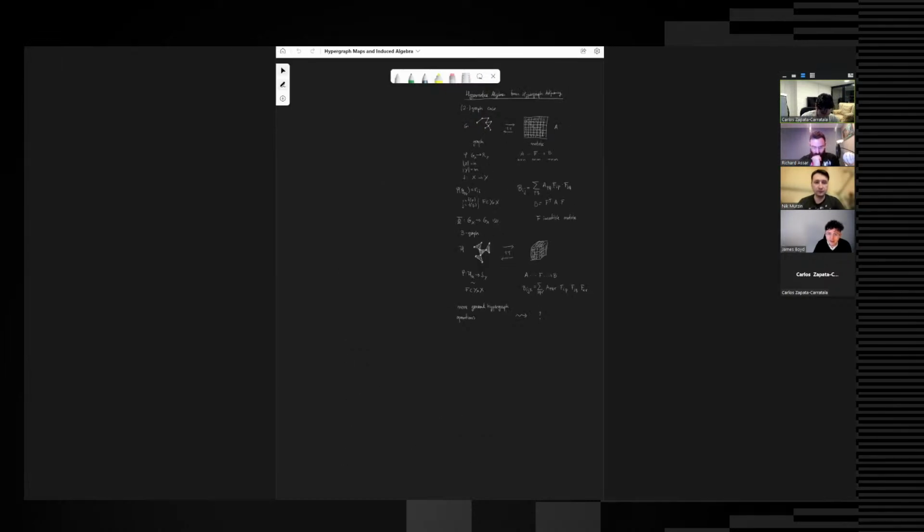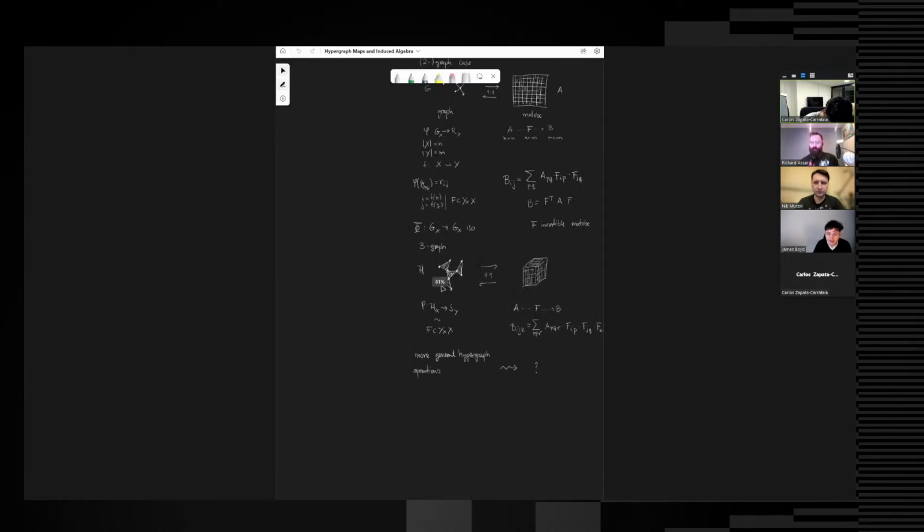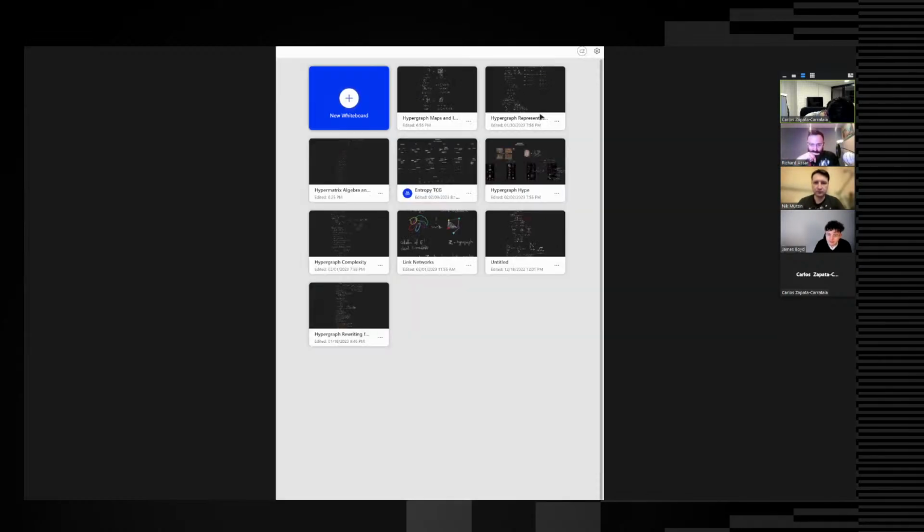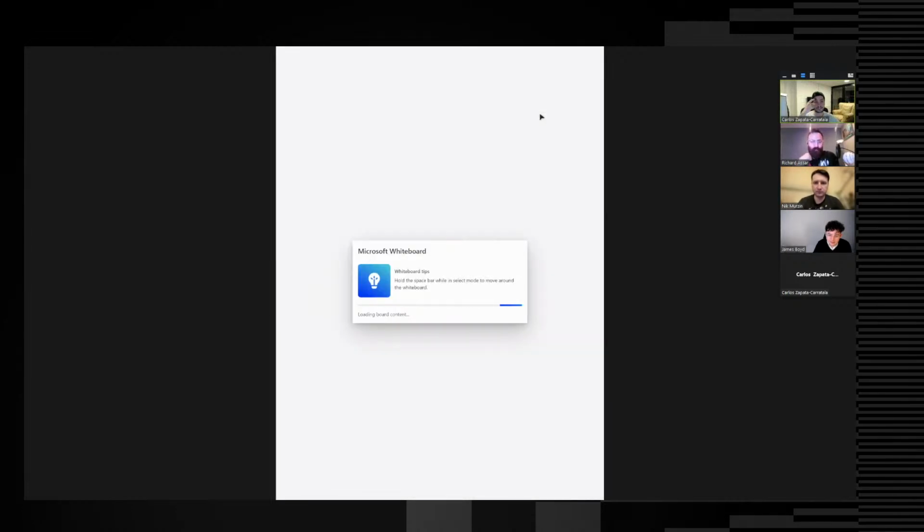Hypermatrix algebra from hypergraph adjacency. Wait, hide. If I go up here and I go to this one, I think this is the one I wanted. I'm going to make you guys bigger for the audience.